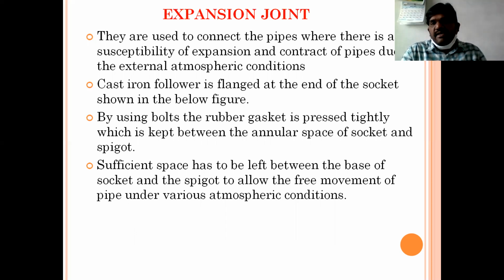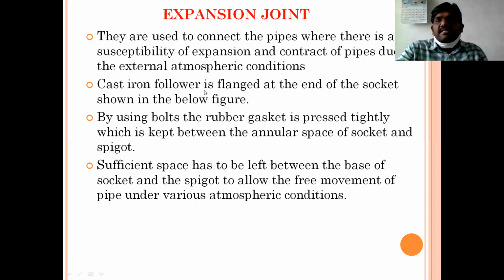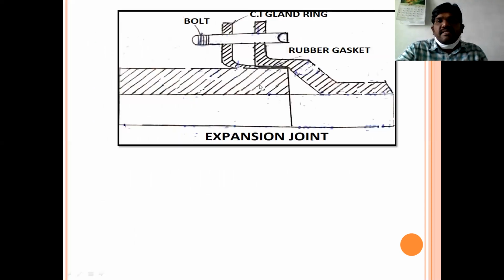The cast iron follower is flanged at the end of the socket, as shown in the figure below. This is the bolt, and it is used to make the joint tight. These keep the joint more tightly.